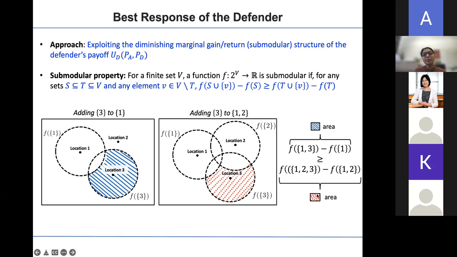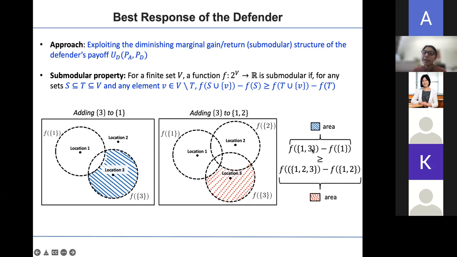And you observe that the blue area is larger than the red dotted area. So this notion is called submodularity, which essentially means that the incremental difference of adding an element into a bigger set is less than that of adding to a smaller set. So here I added the element 3 to a set 1, 2, and the incremental difference is red.